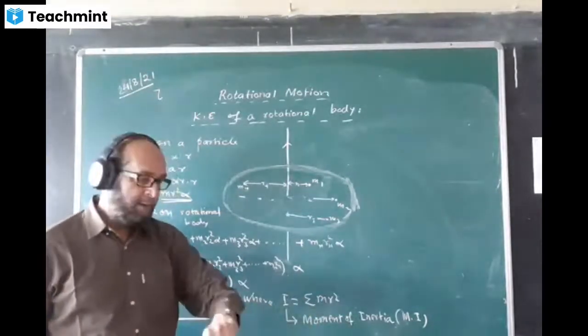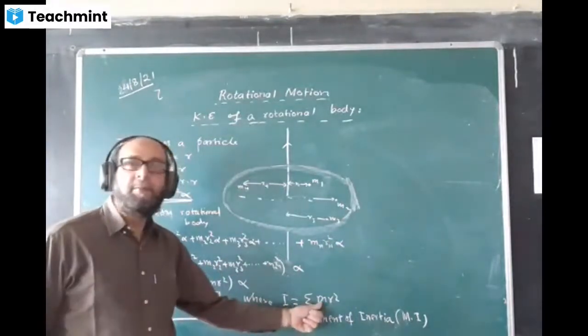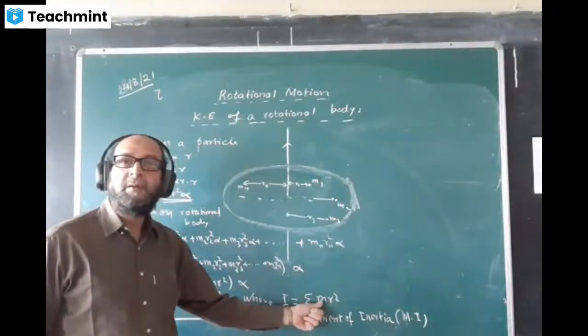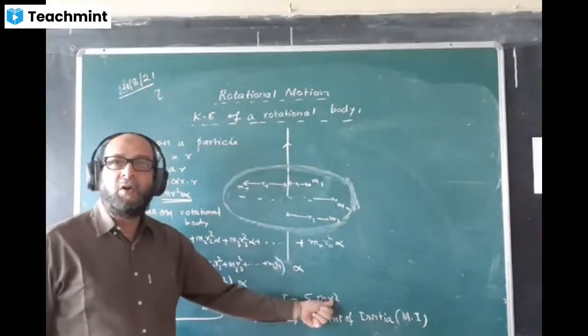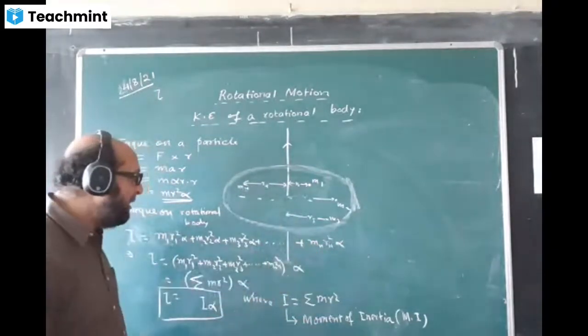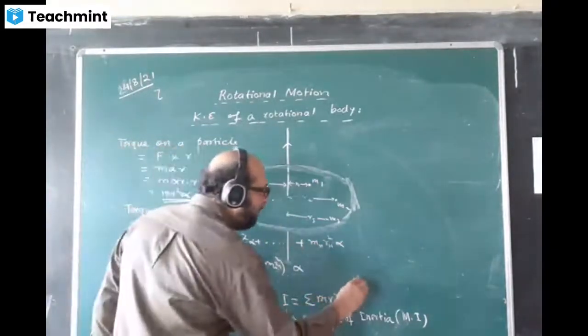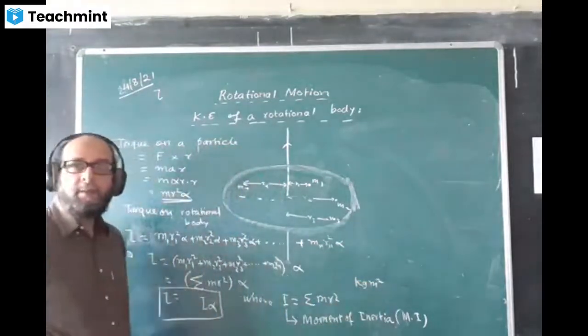Mass is kg, and r is distance, or you can say radius, which is meter, so meter square. The SI unit of moment of inertia is kg meter square.